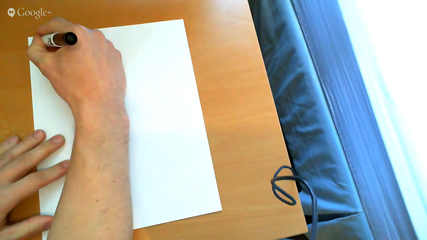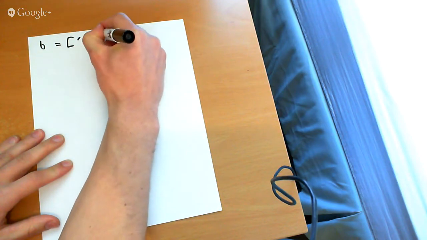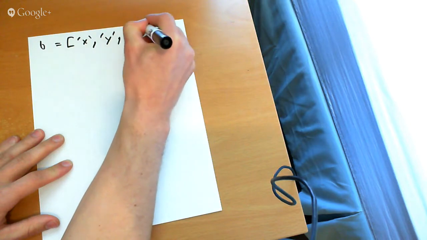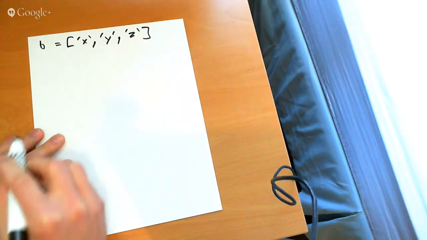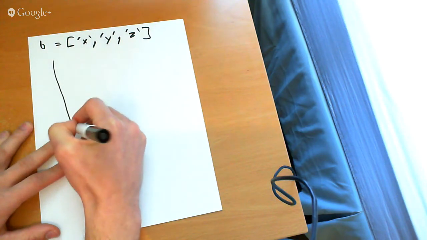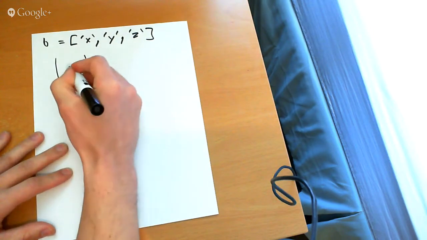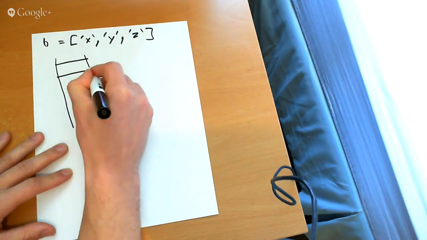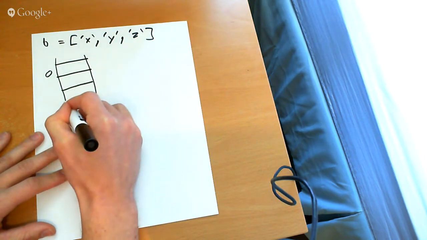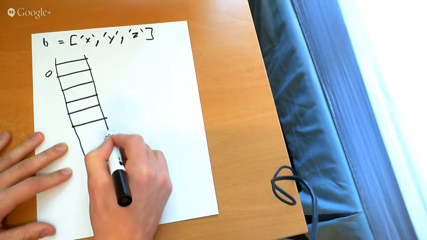If I have B is equal to an array of X, Y, and Z, what that might create in physical memory is a data structure that looks like this. So here's physical memory, all kind of sloppily drawn. And I'll just say this is memory address 0, 1, 2, 3, 4, and so forth.